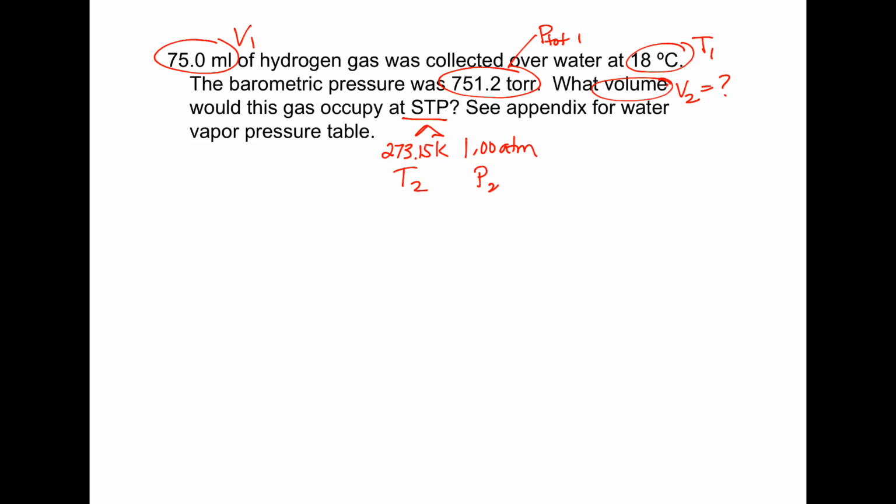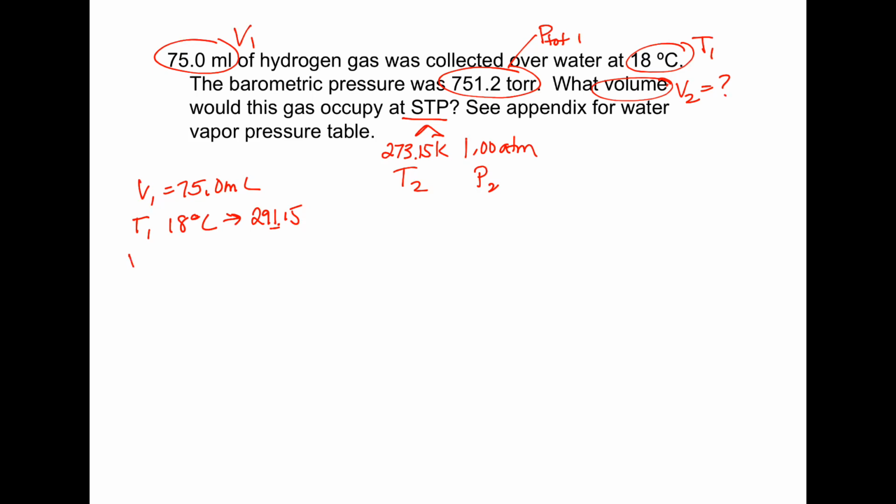All right, so I'm going to reorganize my stuff off to the side here. Volume 1 is 75 milliliters. T1 is 18 degrees C. I'm going to convert that to Kelvin right now, so that's 291.15 to the ones place.